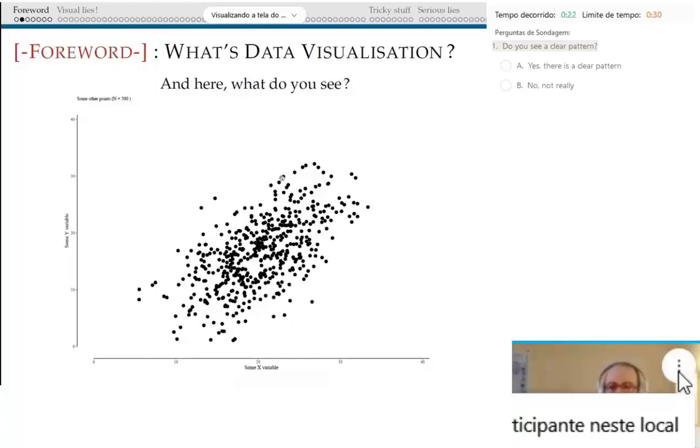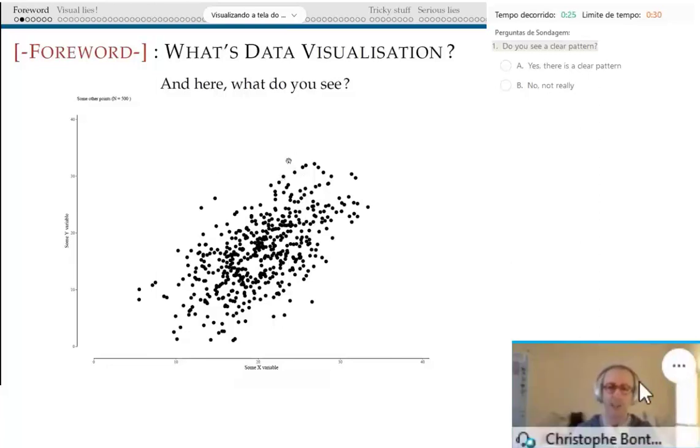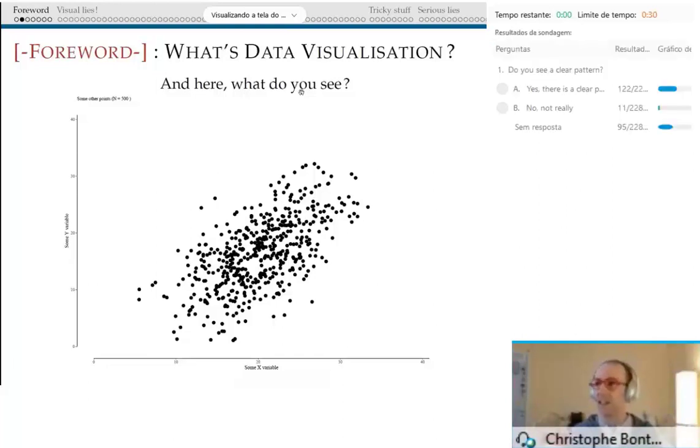And what is data visualization? We already have a definition by Alberto Quero a few minutes ago in terms of providing information, but sometimes we also need to explore data. And oh yes, what a surprise. Here you see something. You see a clear pattern.